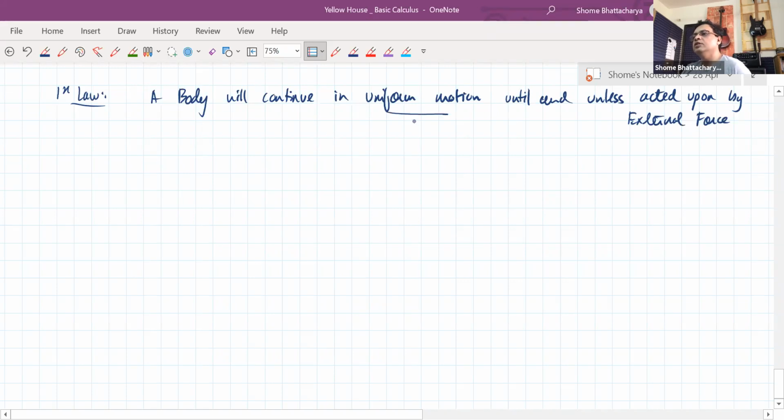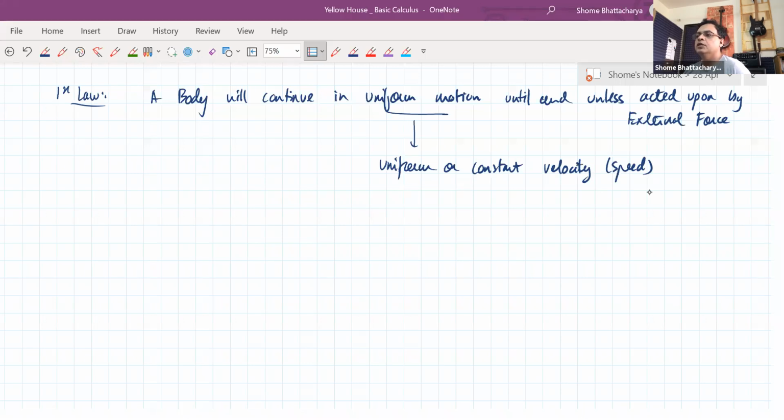By uniform motion here we can say uniform or constant velocity, which also means that the speed will be constant, because velocity is both magnitude and direction. Magnitude of velocity is speed.